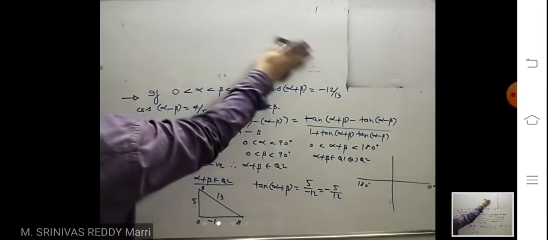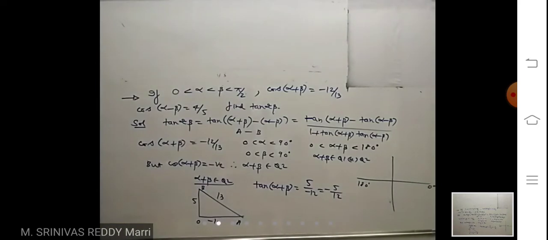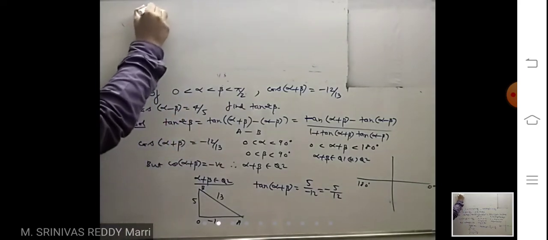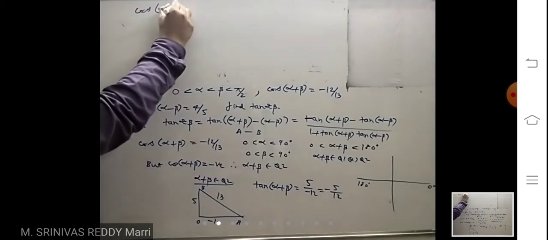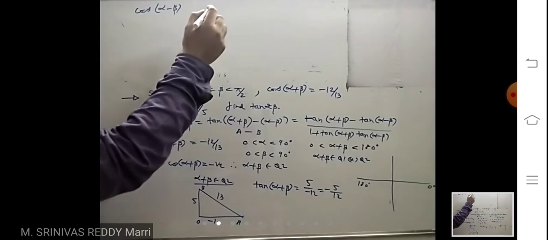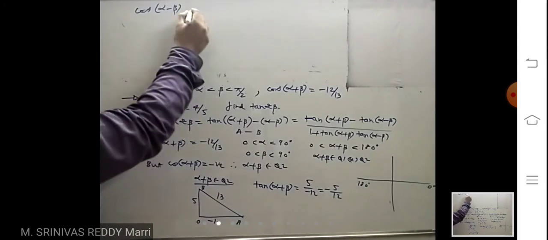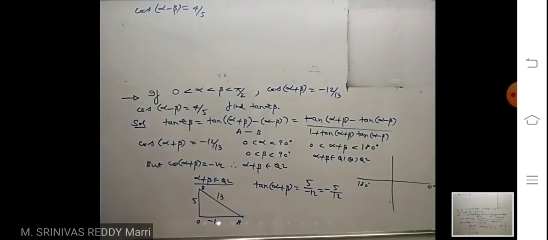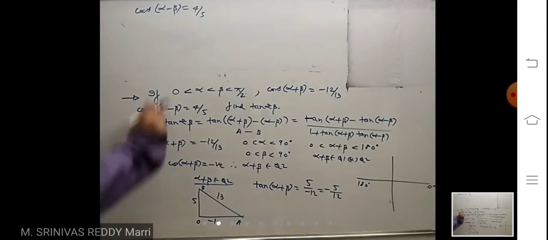You know cos of alpha minus beta, which is nothing but 4 by 5. Now you need tan of alpha minus beta. That means I have to construct a triangle. In which quadrant alpha minus beta lies, you have to see. So look at.